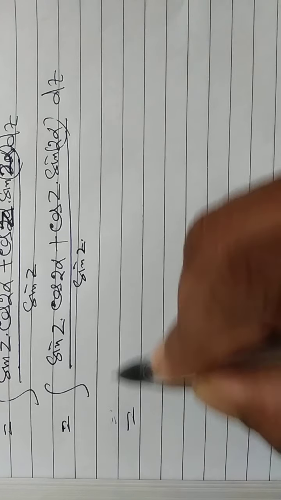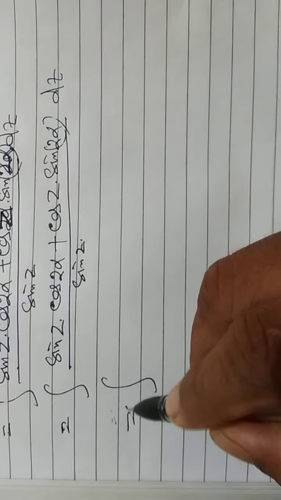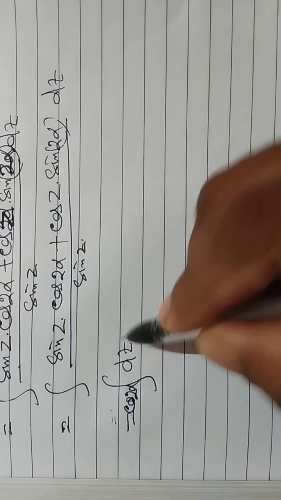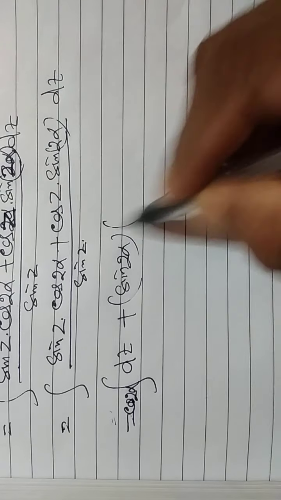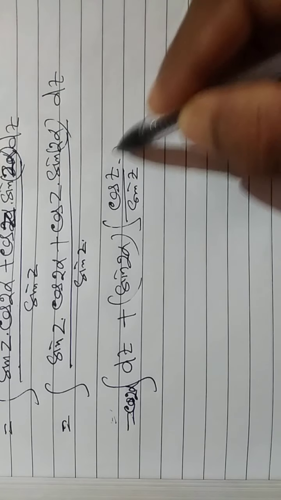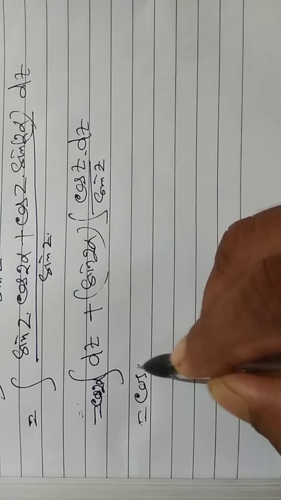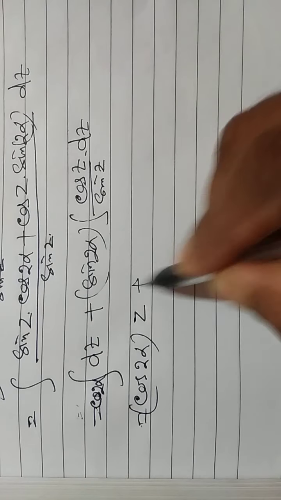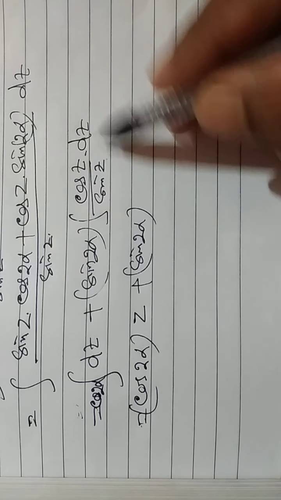So this is equal to integration, here sin z cancel, and cos 2 alpha, this is constant, that is cos 2 alpha into integration of dz plus sin 2 alpha, this is constant, and integration of cos z by sin z dz, that is equal to cos 2 alpha integration of dz, that is equal to z plus sin 2 alpha, and here integration of cos z by sin z dz.